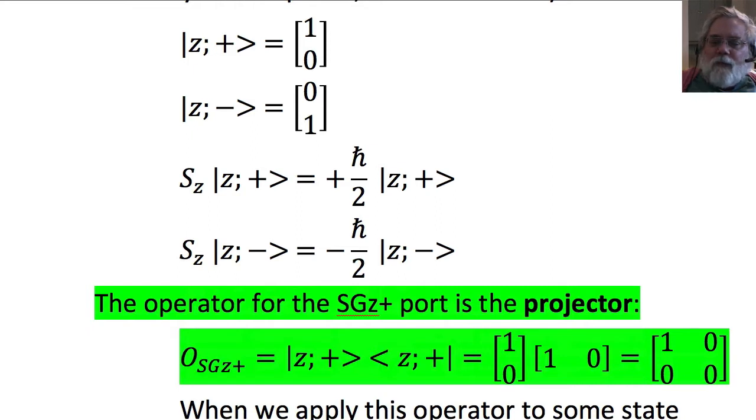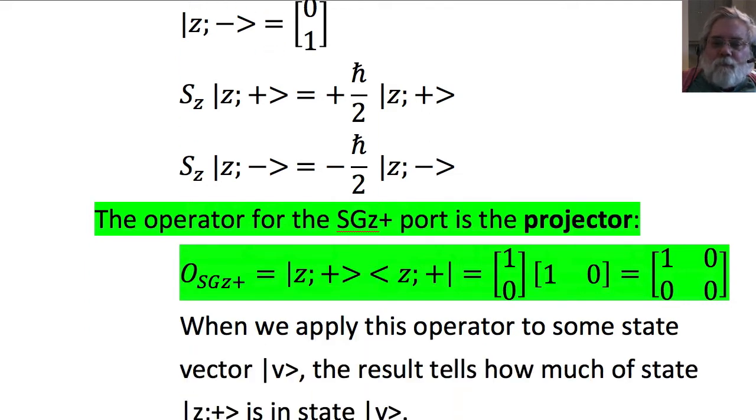but we need to think a little harder to find an operator to tell us how we get a particular output state at an output port from an input state. I tell you, and you can believe me, that the operator for the SGZ plus port is this projector, operator SGZ plus.